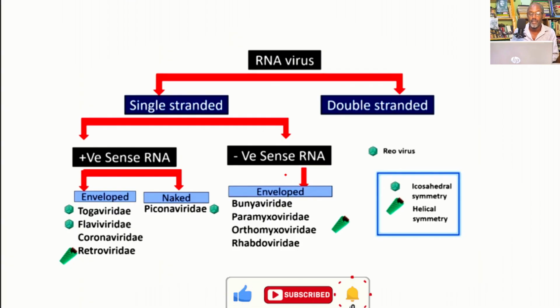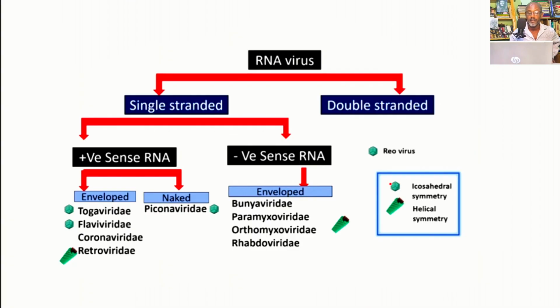For double-stranded RNA viruses, what is given is reovirus. And what is depicted here? Spherical and rod shapes, the symmetry.